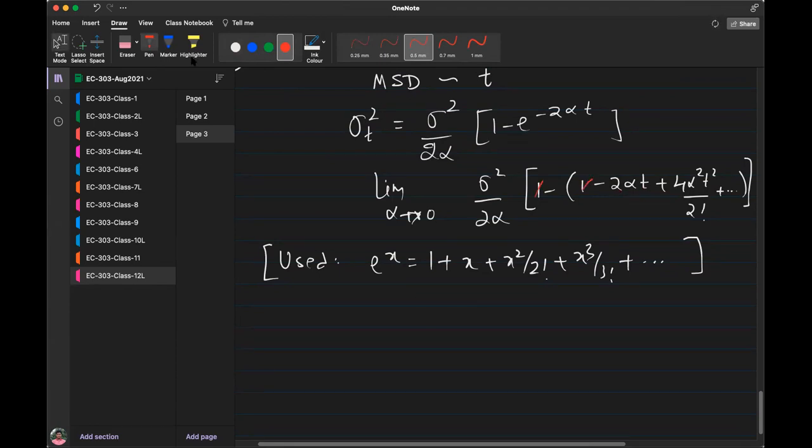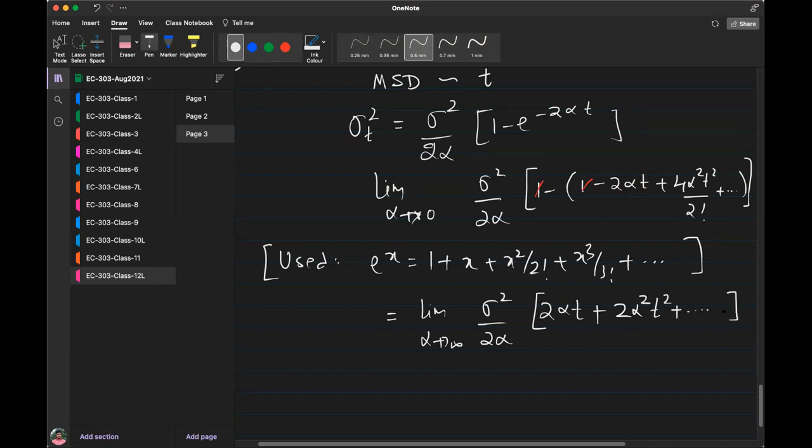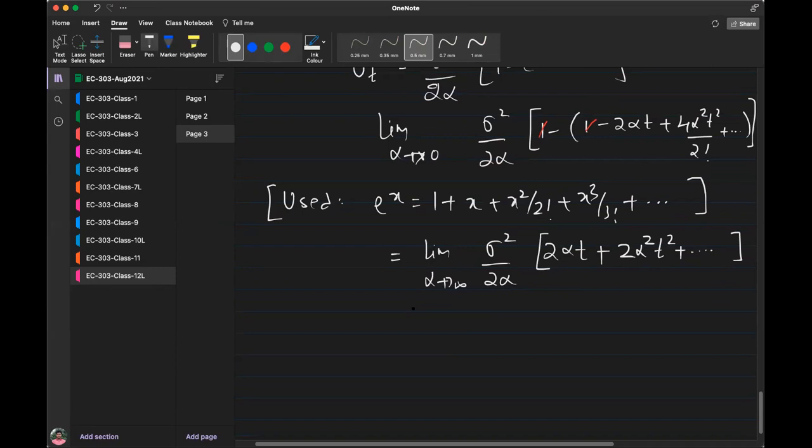So now go back to the limit. Limit alpha goes to 0, sigma squared by 2 alpha t plus 2 alpha square t square and so on. There are many terms, right? And then these two will cancel to become alpha and so on.